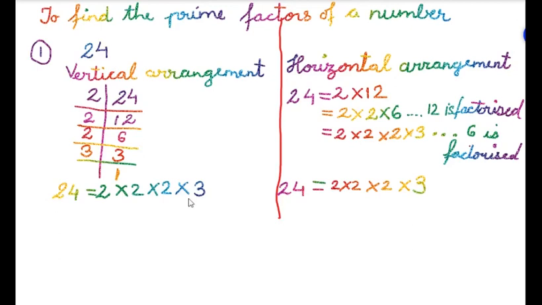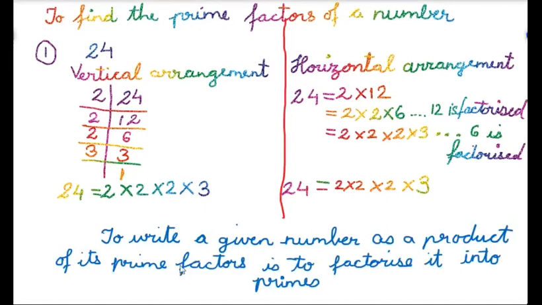Okay. So students, always remember to write a given number. Listen carefully. To write a given number. What was our given number? 24. Yes. As a product of its prime factors.